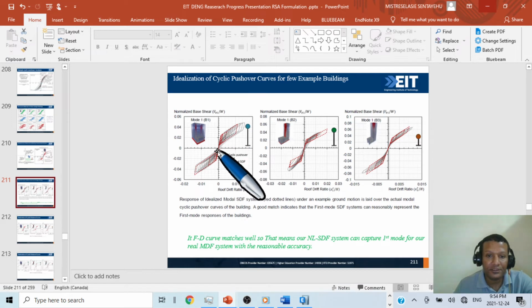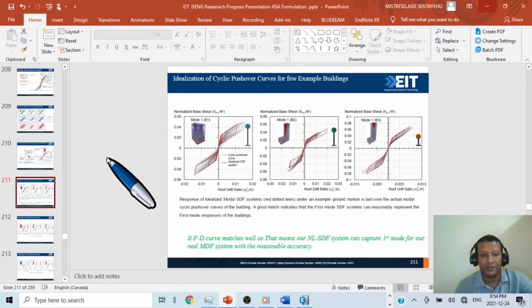Then you see all the experiments they found. If the force deformation curve matches well, that means our nonlinear single degree of freedom system can capture the first mode of our real multiple degree of freedom system with reasonable accuracy.